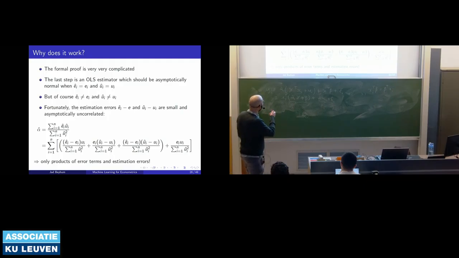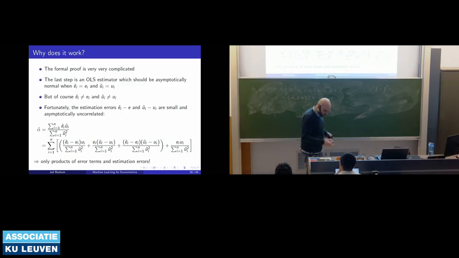So what happens is the following. This is where I can try to give a little bit of intuition mathematically, but this is only a mathematical intuition. So this is my alpha hat, the OLS estimator of ei hat on ui hat.